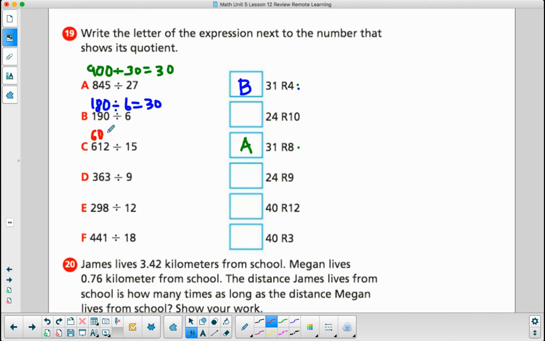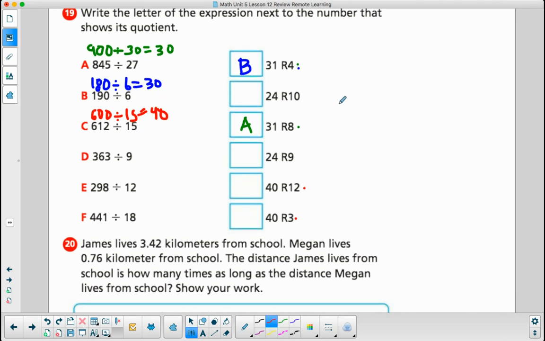So I'm going to round 612 to 600 divided by 15, because 60 divided by 15 is 4. 600 divided by 15 is 40. So my quotient is going to be one of these two, either 30 remainder 12 or 30 remainder 3. Since my divisor is 15, both remainders are possible.